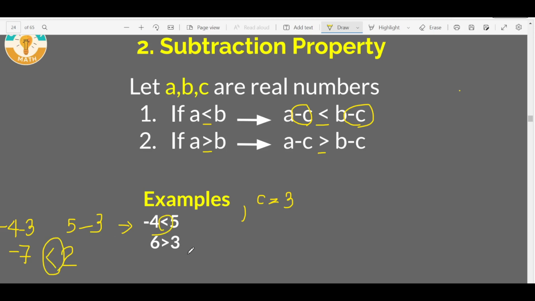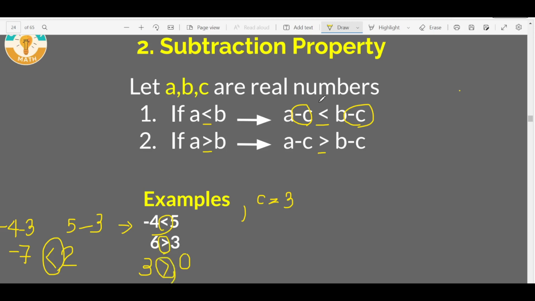It does not change. And how about 6 greater than 3? When you subtract 3 from 6, you will get 3. When you subtract 3 from 3, you will get 0. So which one is still greater? 3 is still greater. So greater than remains the same, greater than.